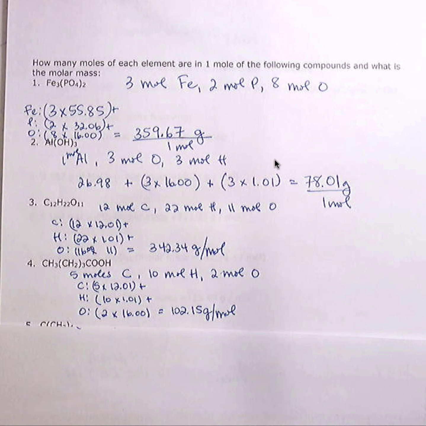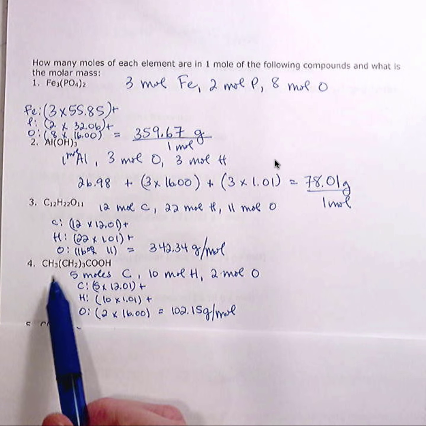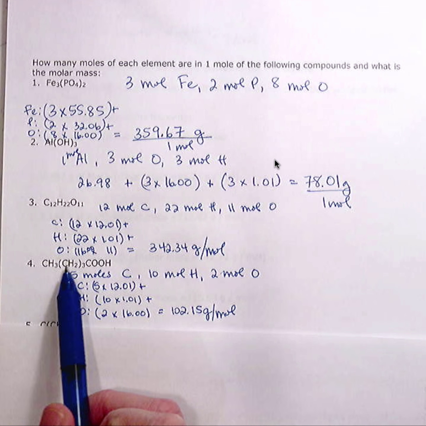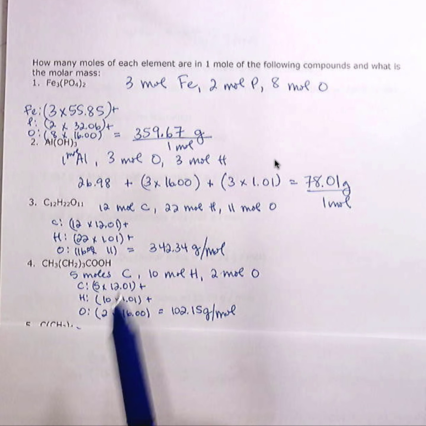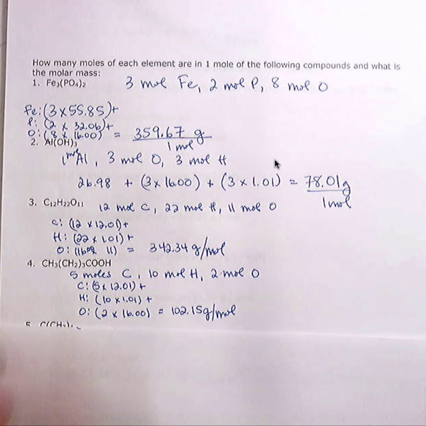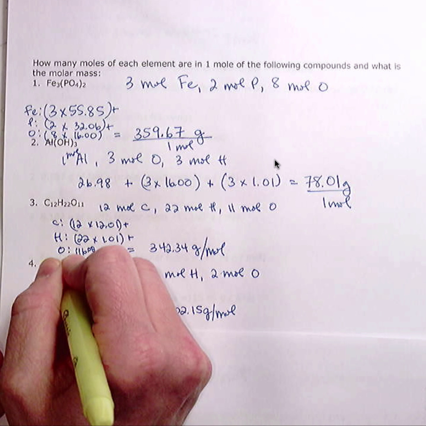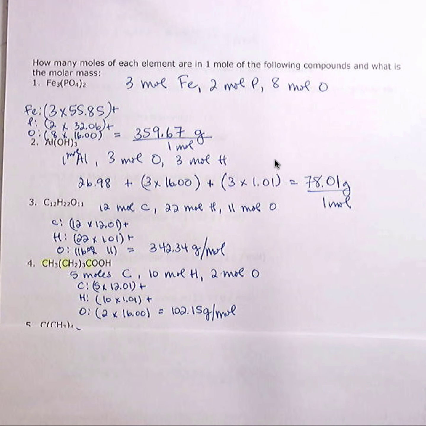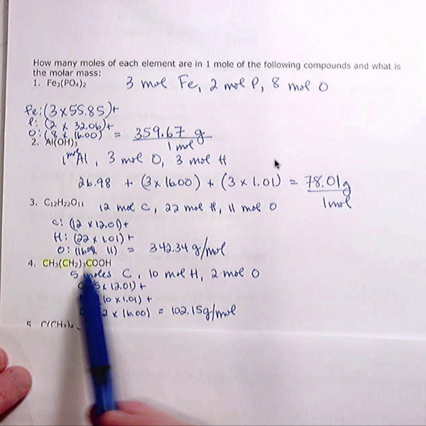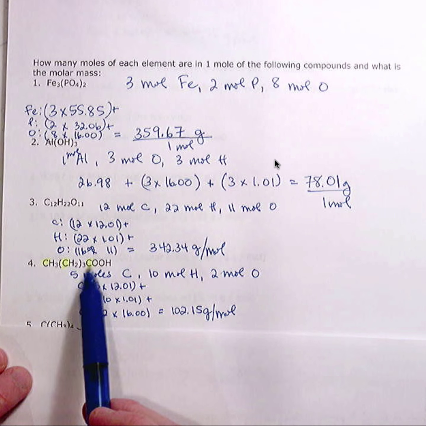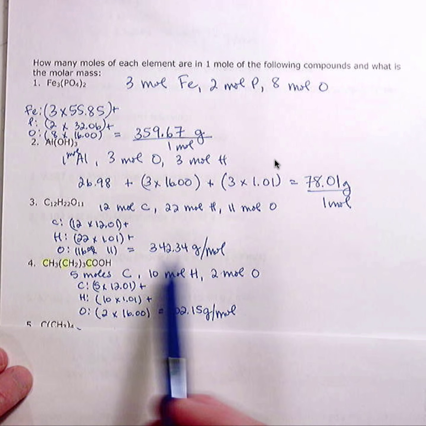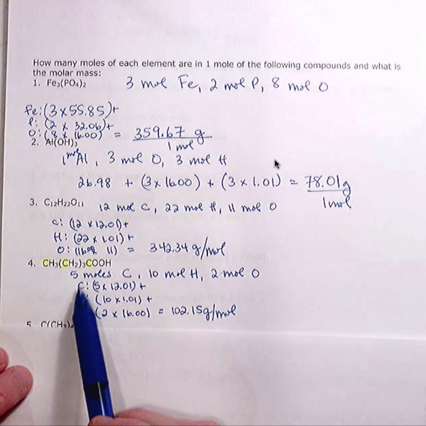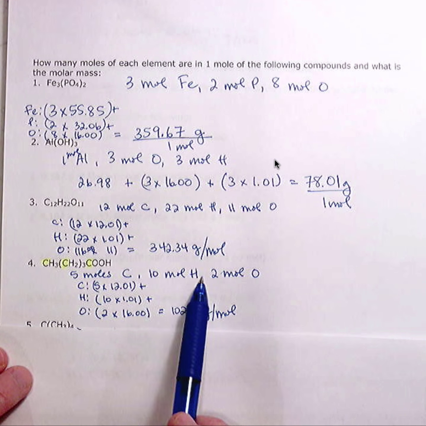For number 4, you have a bunch of carbons that it's kind of tricky to keep track of, but it might be helpful if I highlight them so that you can tally them up. So you have 2 carbons and then 3 more. So 2 plus 3 gives you 5 moles of carbon, 10 moles of hydrogen, excuse me.